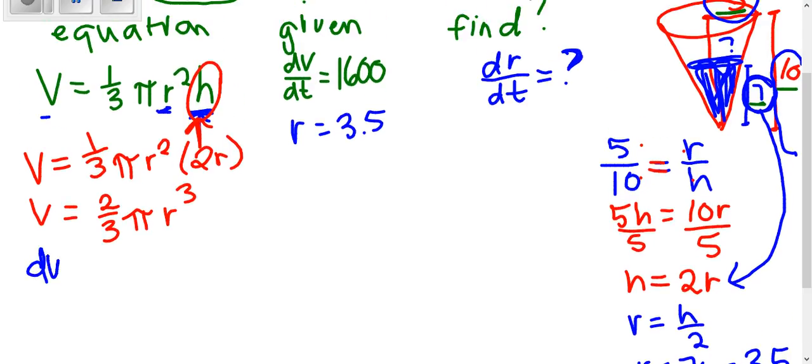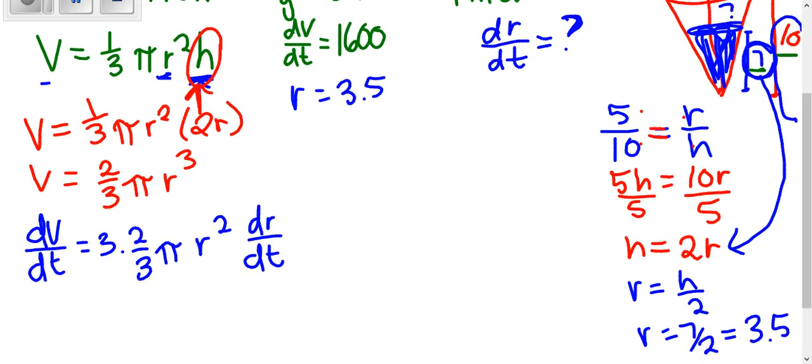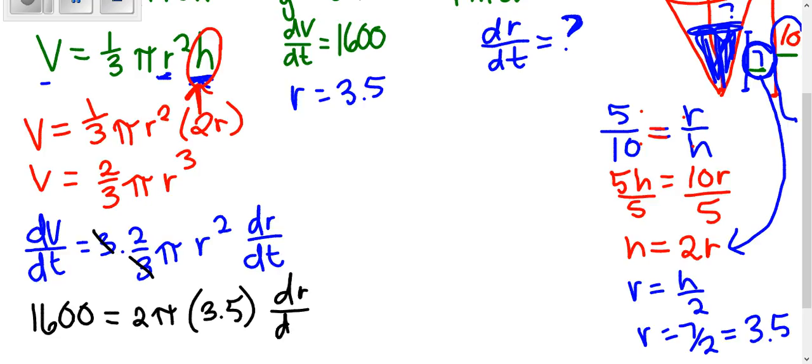So we have dV/dt equal to 3 times 2/3 pi r squared dr/dt. Let's plug in and simplify here. We can plug in our dV/dt, which is 1600. These 3's can cancel, and we have 2 pi. Our radius is 3.5, and we don't have dr/dt because it is in fact what we are looking for.